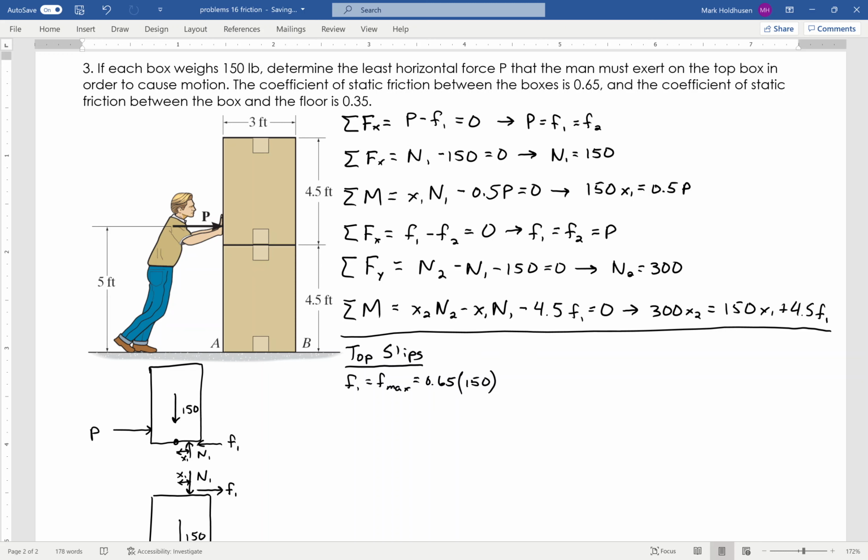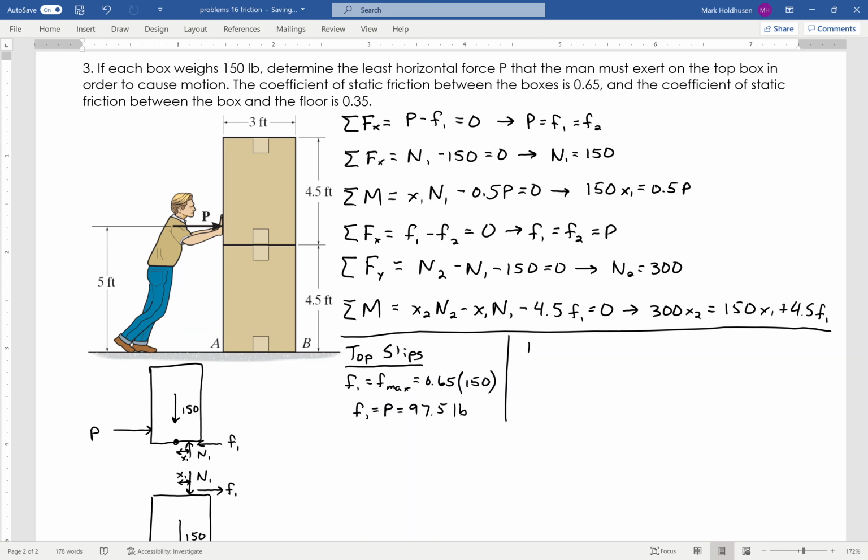From that, I learned that F1, which equals P, then equals 97.5. And again, I don't know if that's the right answer. We'll swing back and figure this out a little bit. So that's one situation. That would be pounds, by the way. So for the top box to slip, he has to push with 97.5. Now, I don't know if that happens.